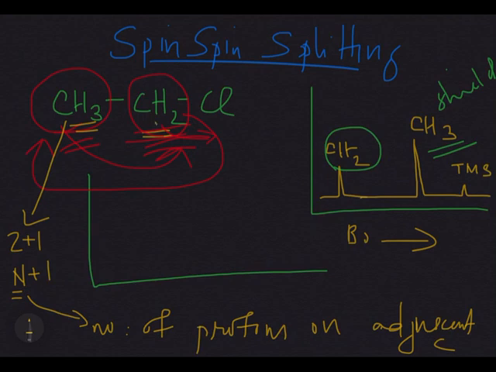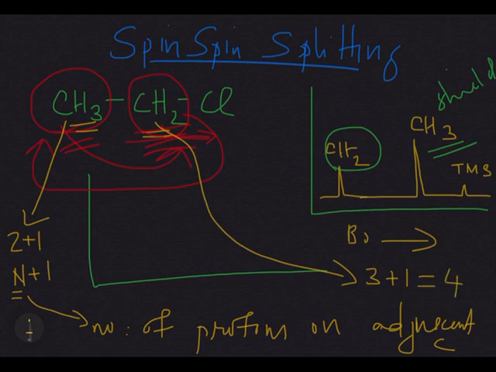Similarly, the CH2 signal splits into 3 plus 1, which is equal to 4, because adjacent to the CH2 there is a CH3 containing 3 protons. According to the n plus 1 rule, the CH2 signal splits into 3 plus 1 is equal to 4 signals.